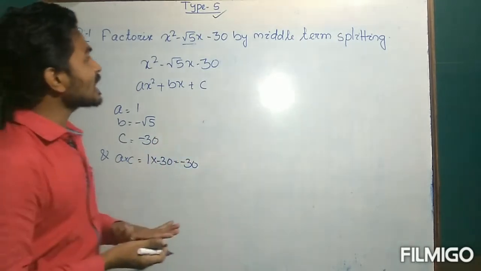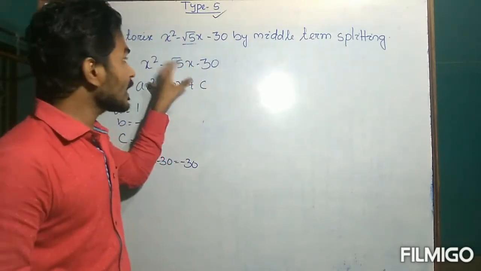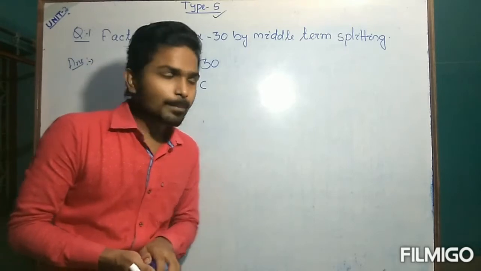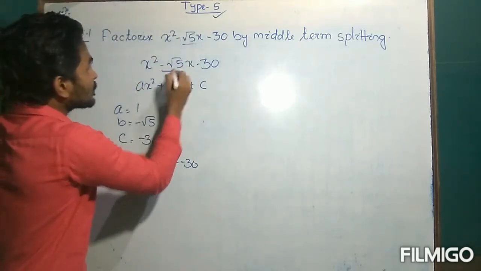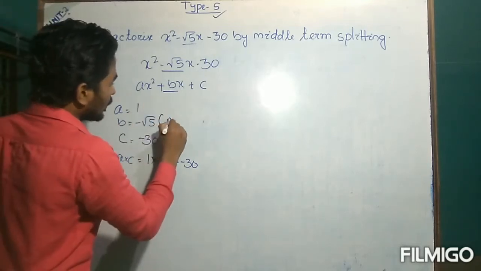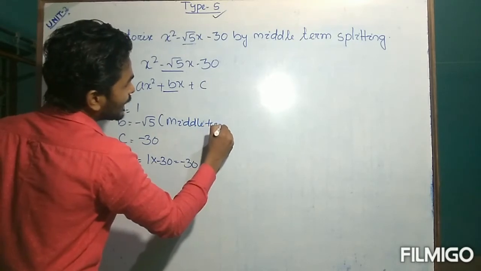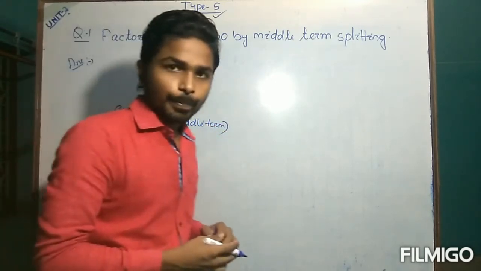In this type of quadratic polynomial, the middle term is an irrational number. So here minus root 5, or you can say b, is the middle term, and it is in the form of an irrational number.